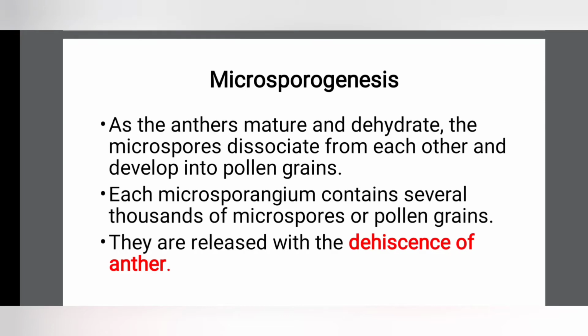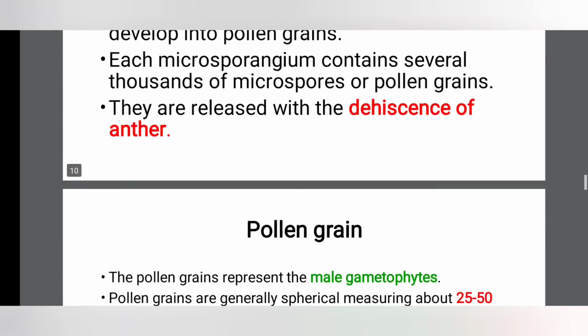Each microsporangium contains several thousands of microspores or pollen grains. They are released with the dehiscence of the anther.